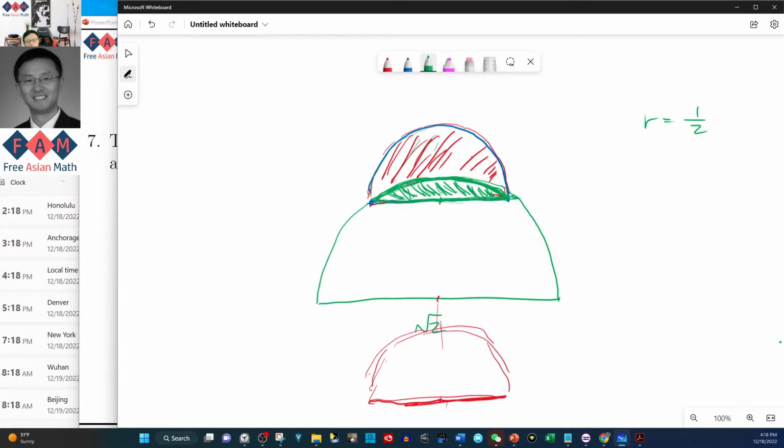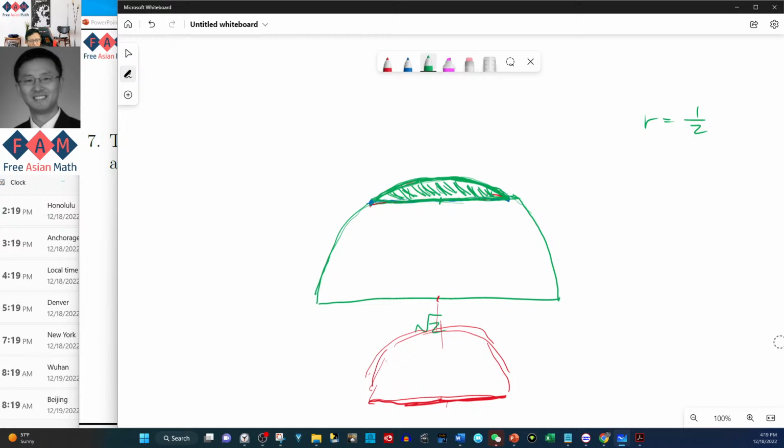But how do we relate this to the rest of the figure, which is this big semicircle? At this point, you might want to remove from your mind that other part because we already know what we want to do.